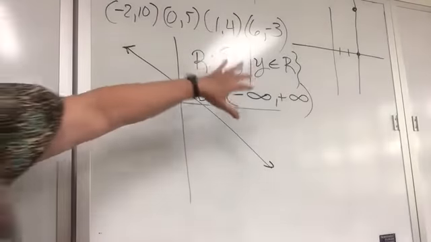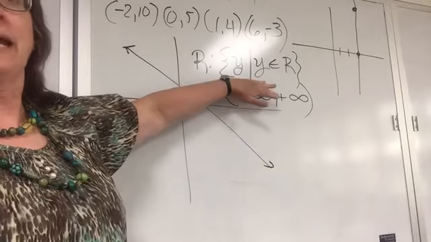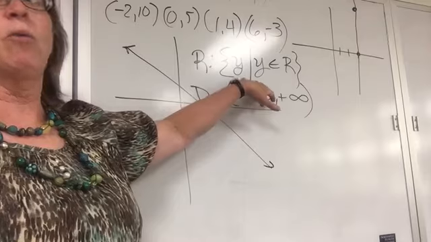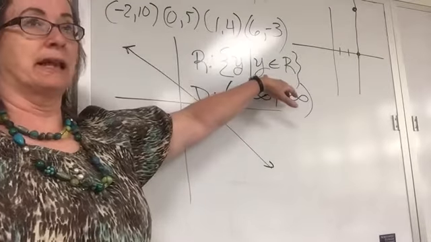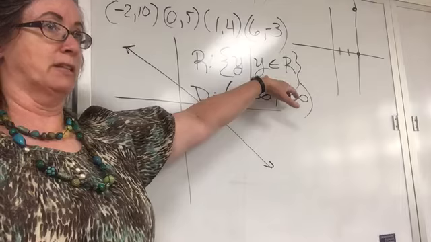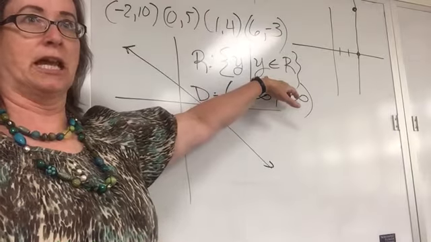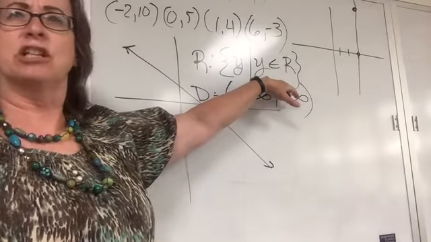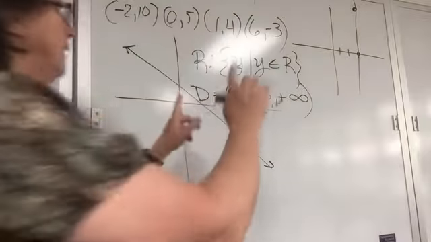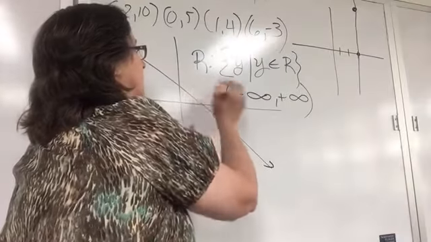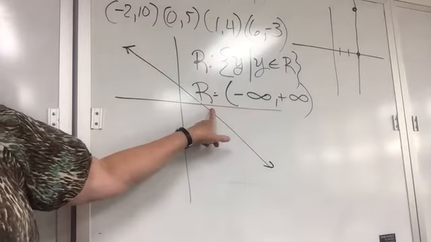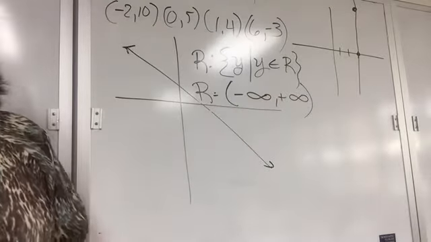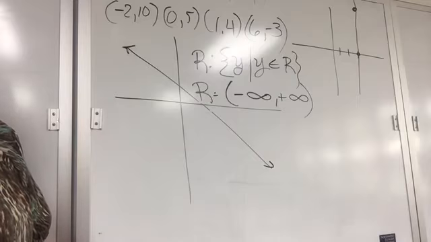The range is the set of all y such that y is an element of the real numbers. Nothing is excluded. And the interval notation is already good for the range: just change domain to range, and we have negative infinity to positive infinity.